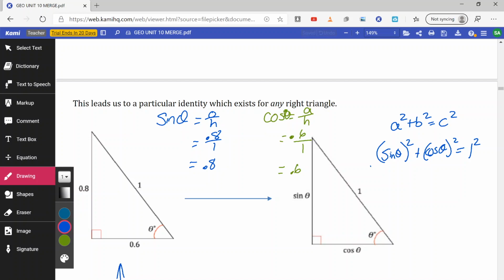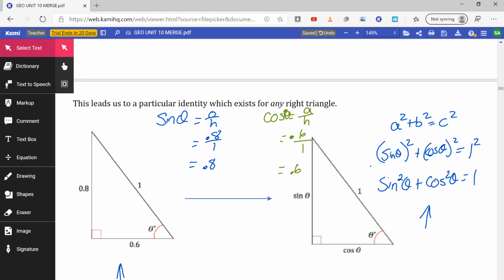Now, when I square sine of theta, that exponent ends up being on sine. So we end up with sine squared theta plus cosine squared theta equals 1. So there's the identity we are going to be using: sine squared theta plus cosine squared theta equals 1.